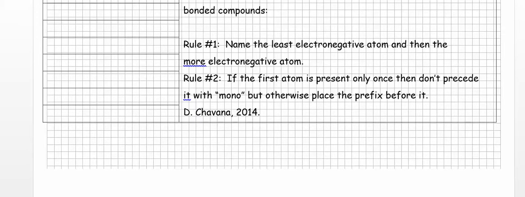So for example, if we wanted to name this molecule right here, CCl4 is a covalently bonded compound, but we wouldn't say Cl4C because the least electronegative atom is going to be the carbon right there, right? It's less electronegative than the chlorine. So we would do this, CCl4, and not this, okay? So that's the first rule.